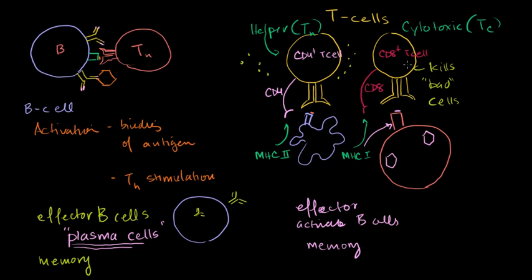Actually, cytotoxic T cell activation can be given a boost by these cytokines, these alarm bells. So this guy is the alarm ringer. While the CD8 cells, or the cytotoxic T cells, when in their effector mode, kill cells.